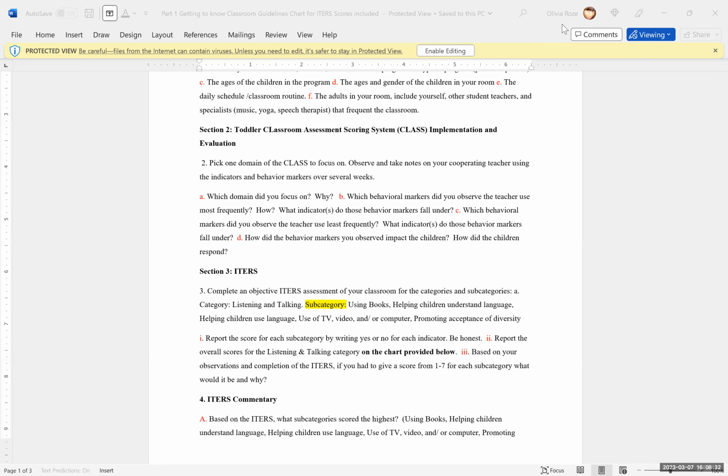So let's take a look at that chart that you're going to print out and actually use when you go to your field site tomorrow to assess the teacher's actions or maybe even their commentary and conversations with students or the classroom environment.